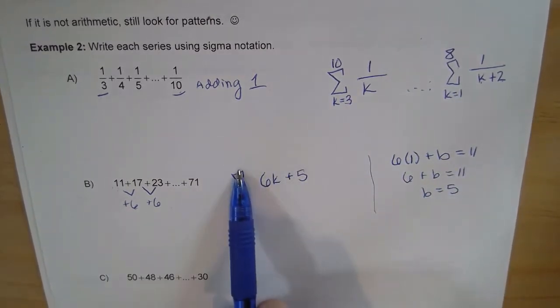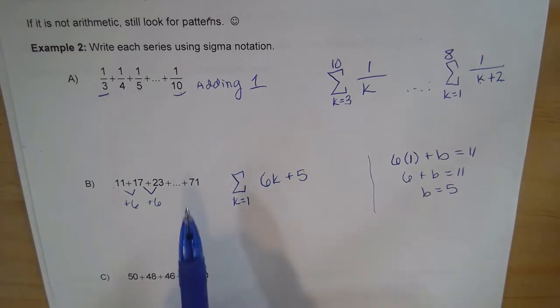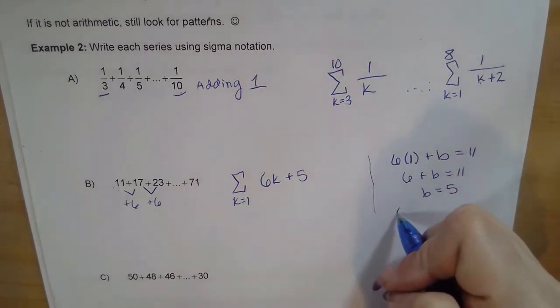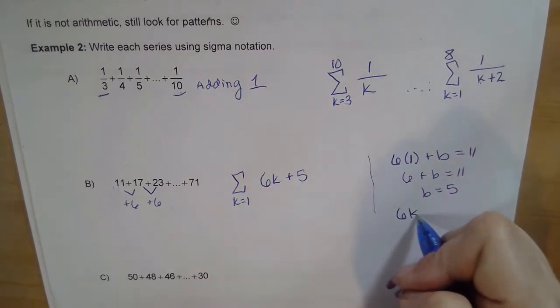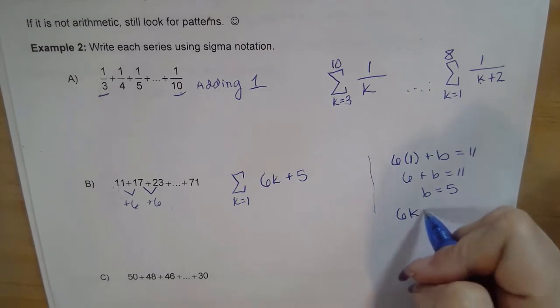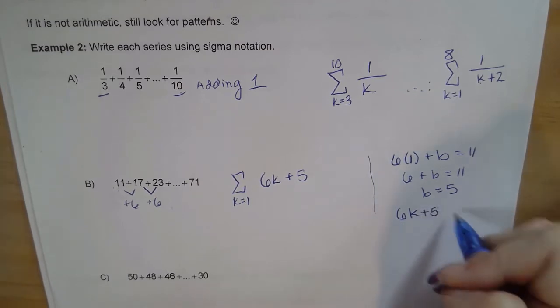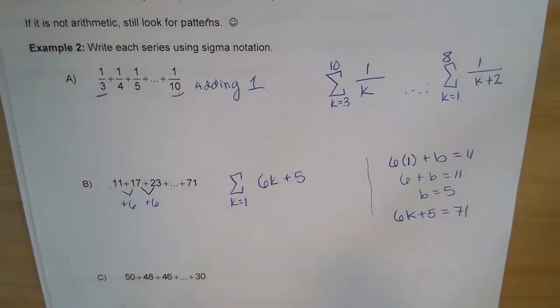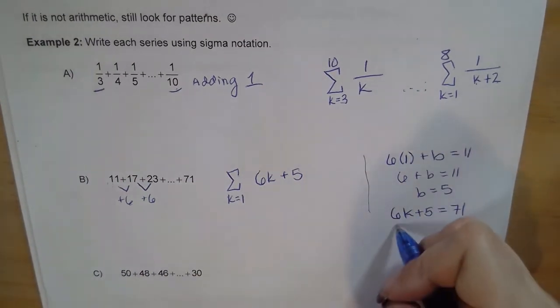But now we need to figure out what that last term is. Remember, your last term, the value is 71, but we need to figure out what actual term that is. So what we now do is actually set our equation, which is 6k plus 5, equal to 71, because we know the value is 71. And now we're going to solve for k.